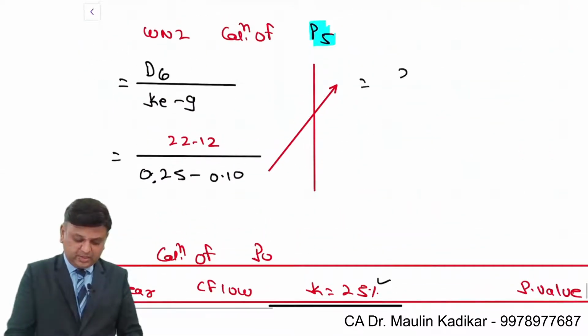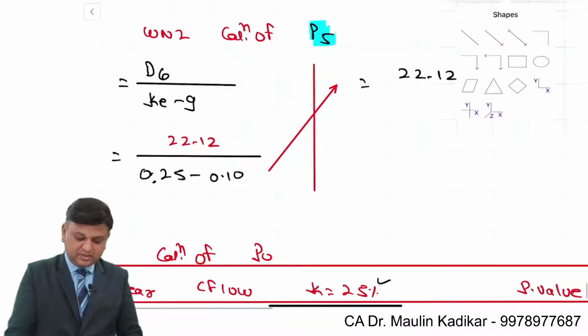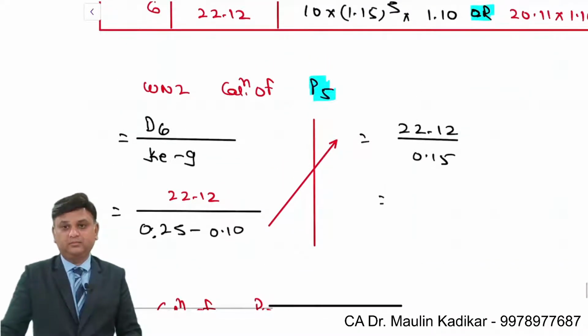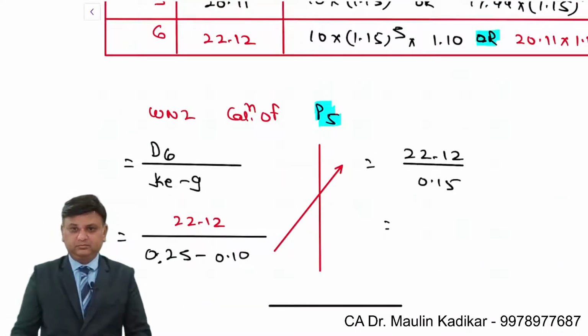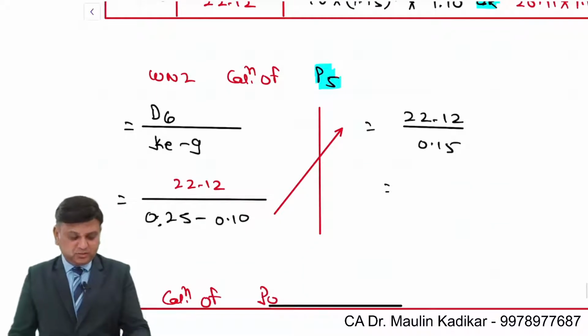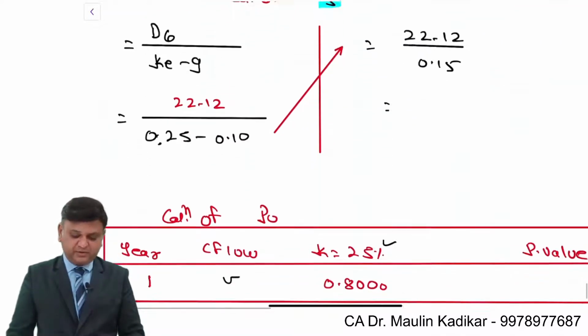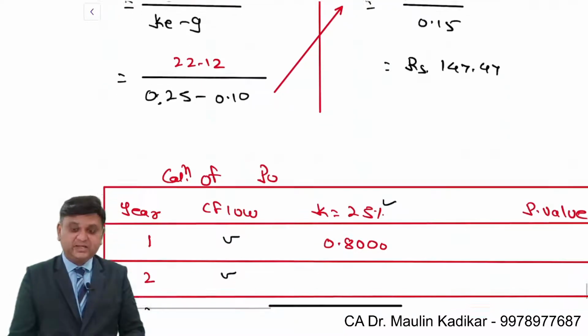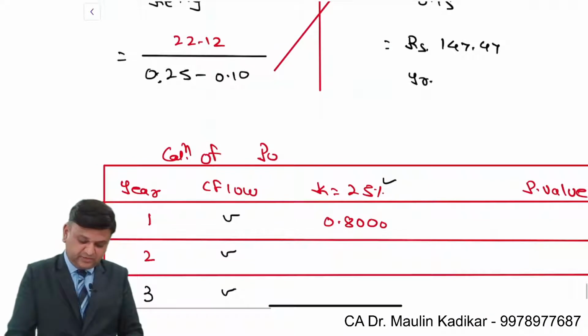So 22 rupee 12 paise divided by 0.15. So 22 rupee 12 paise upon 15%. That comes to 147.47. And this amount is going to be received at year 5 end.